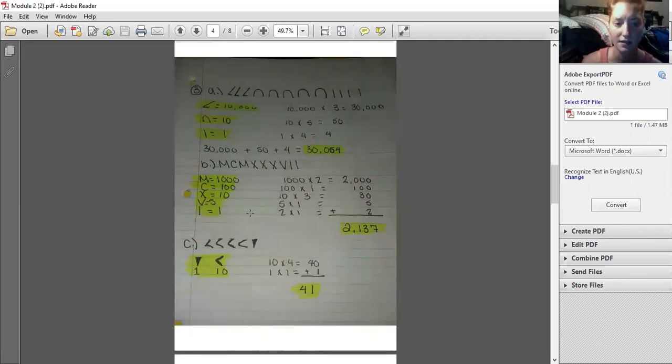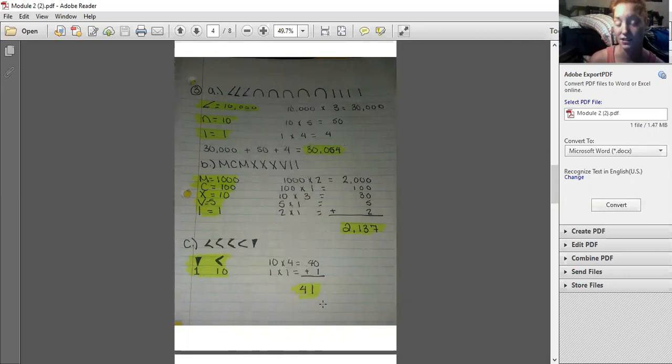M equals 1,000, C equals 100, X equals 10, V equals 5, and I equals 1. So 1,000 times 2 equals 2,000, 100 times 1 equals 100, 10 times 3 equals 30, 5 times 1 equals 5, and 2 times 1 equals 2, so that would equal 2,137.